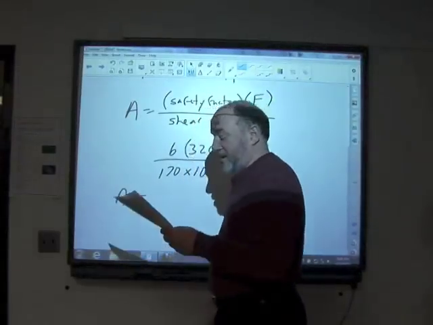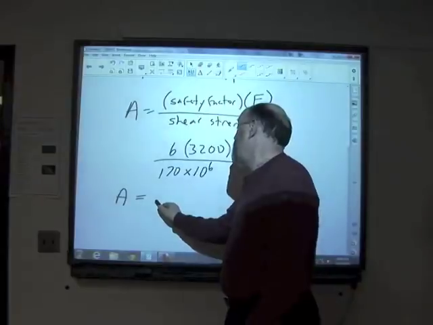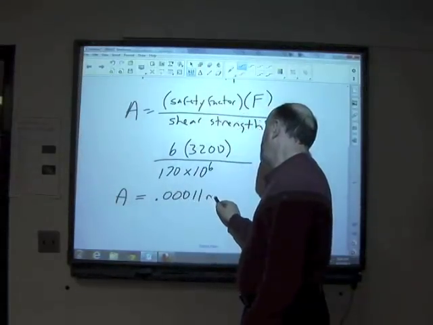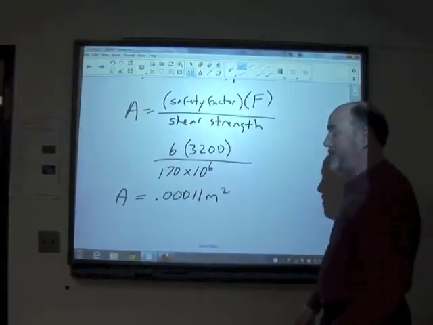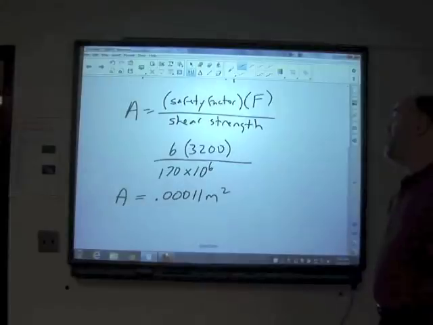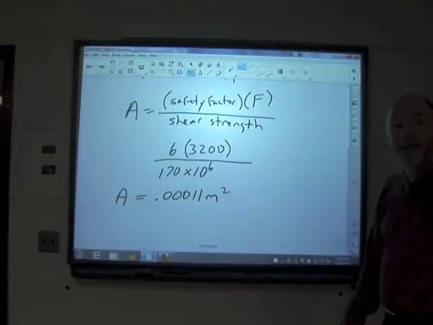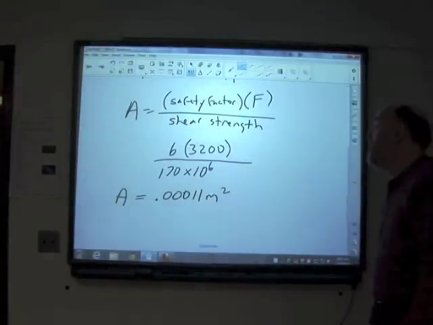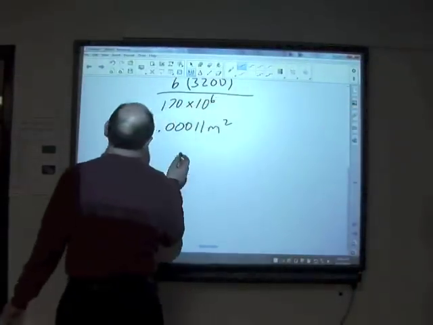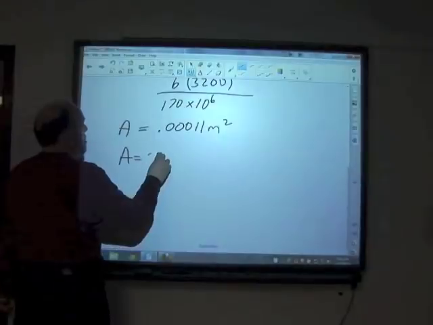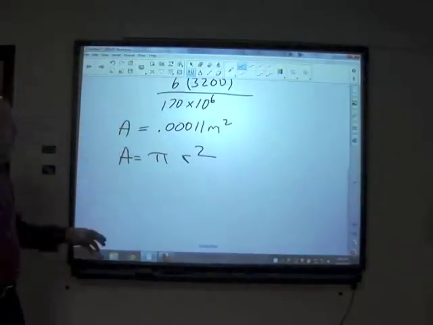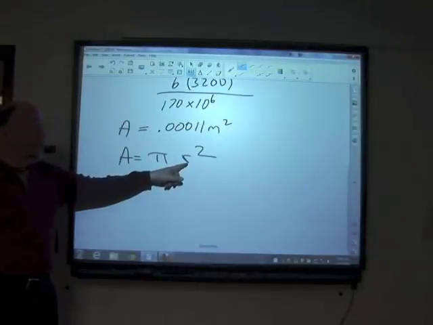And we get that the cross-sectional area here will be 0.00011 meters squared. Okay. Now, the question you want to know, however, is in terms of the actual wire, what is the diameter of that wire? Well, we know the area. We know that area is given by pi r squared. So we can take this equation and solve it for r.